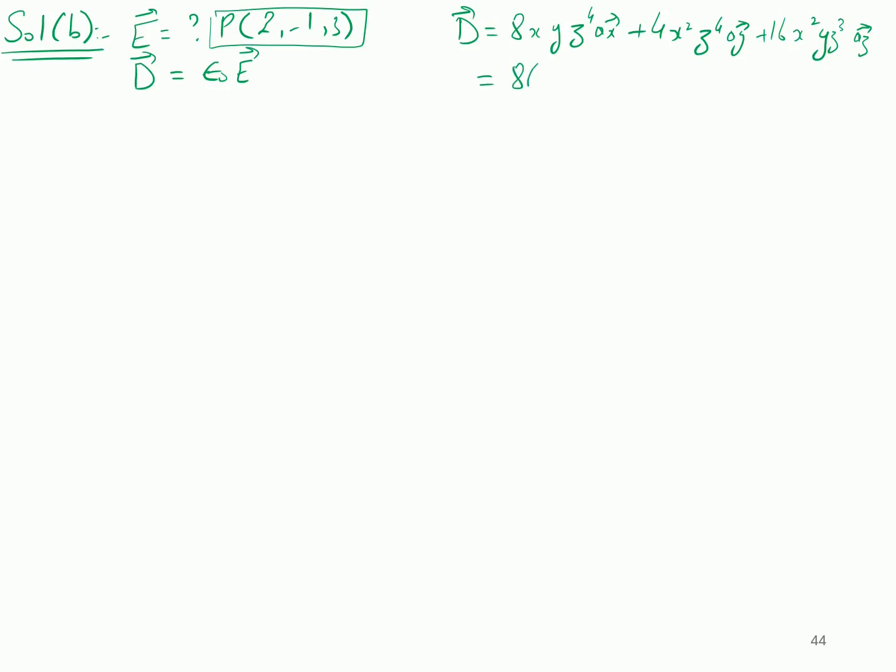So it is going to be 2 minus 1, 3 to the power 4, plus 4 1 square, 3 to the power 4 for A of y, plus 16 2 square, then you have 1 and you have 3 to the power of cube. This is minus 1.